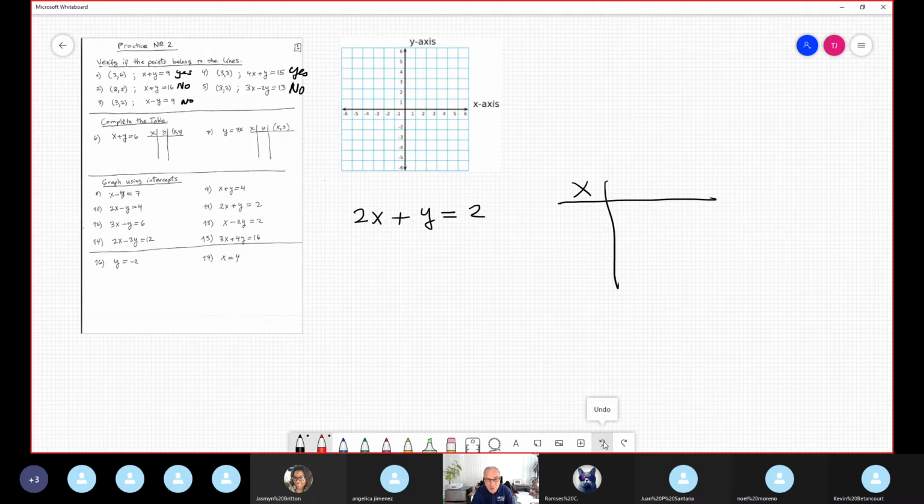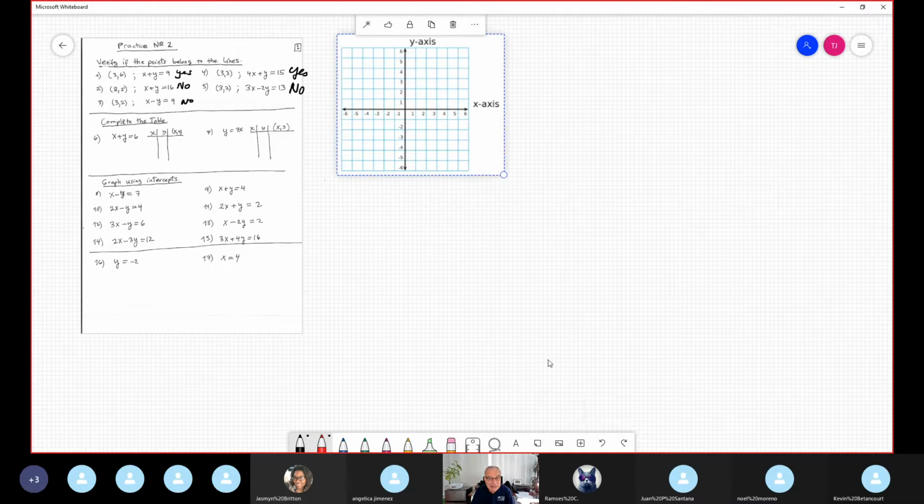For example, in problem number 16, the equation is y equal negative 2, and they want you to do the graph using intercept. I realize this is a parallel line.